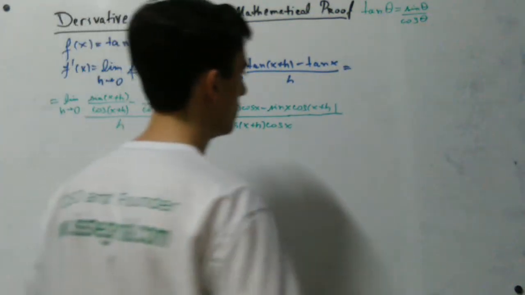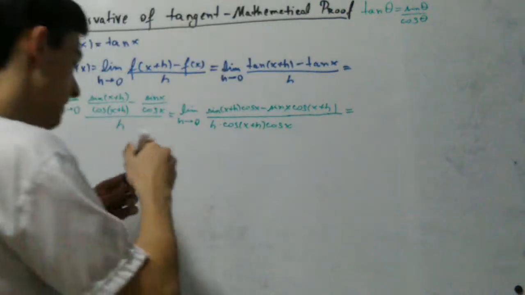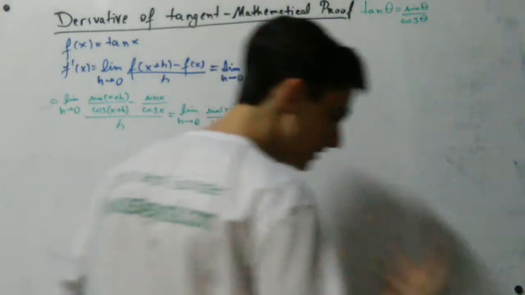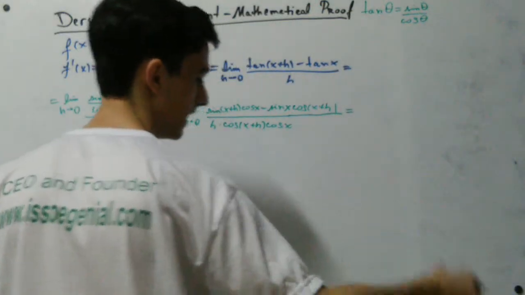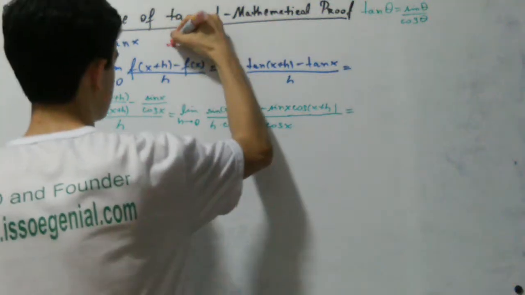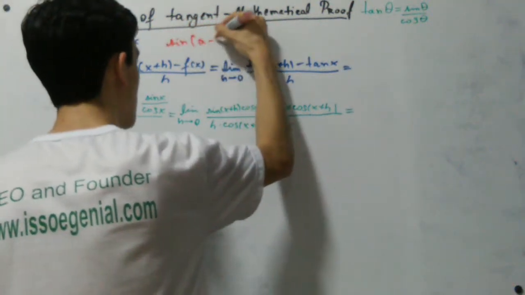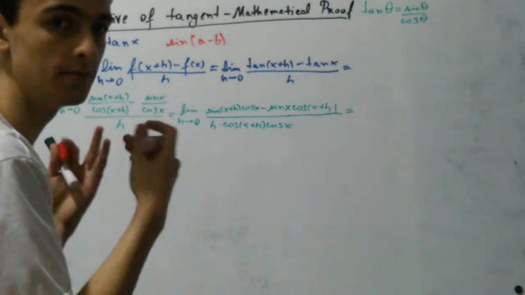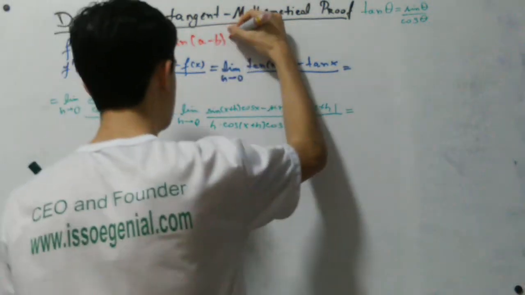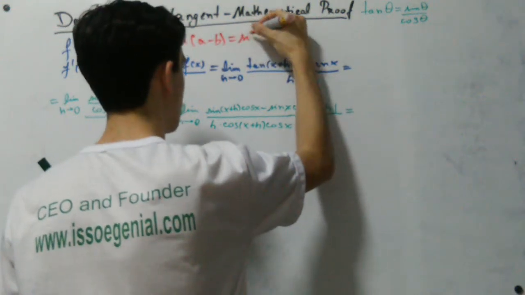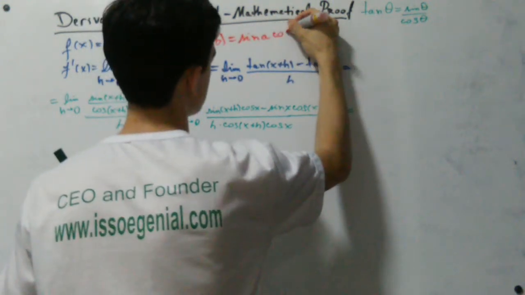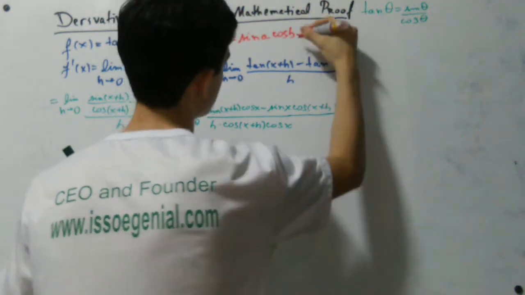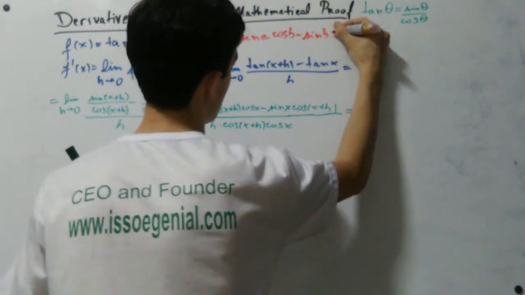So moving on with our proof, we have to remember another property of trigonometry, which says that, let's use the red. When you have the sine of a minus b, which is the sine of the difference between two angles, this is equal to the sine of a times the cosine of b minus the sine of b times the cosine of a.